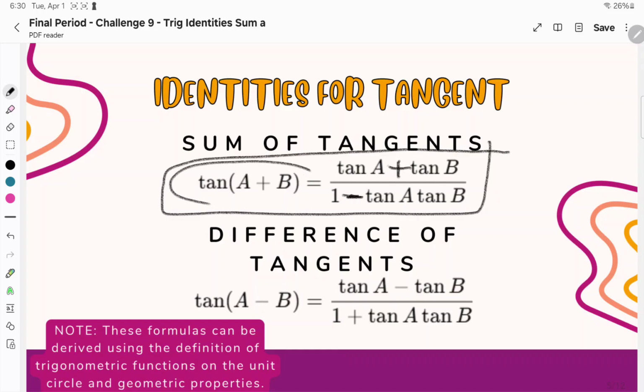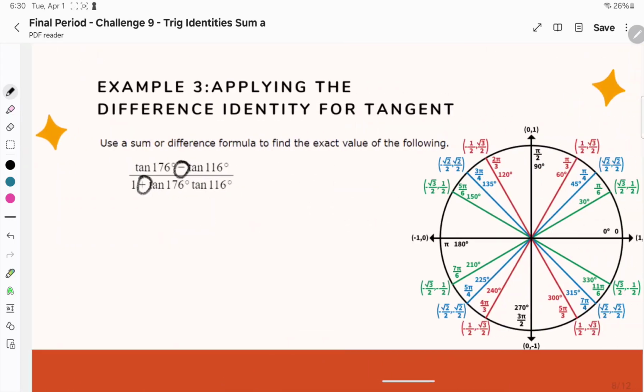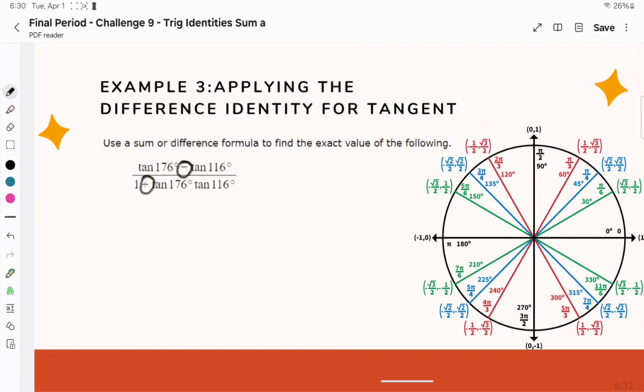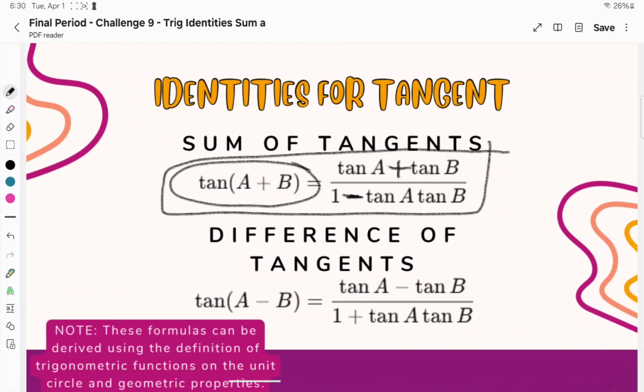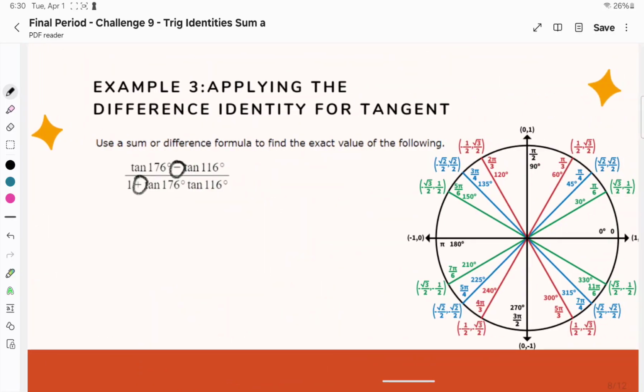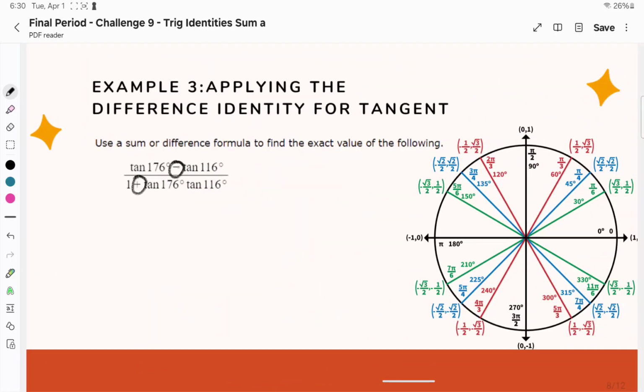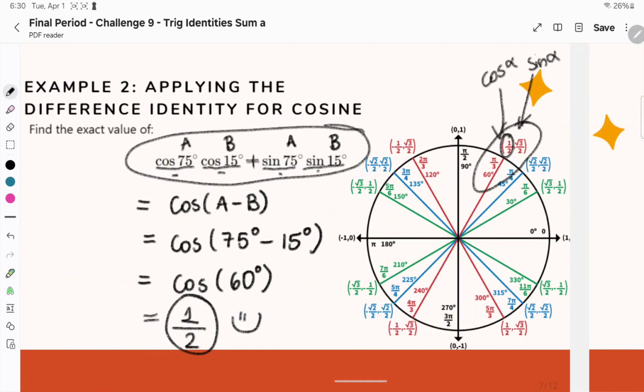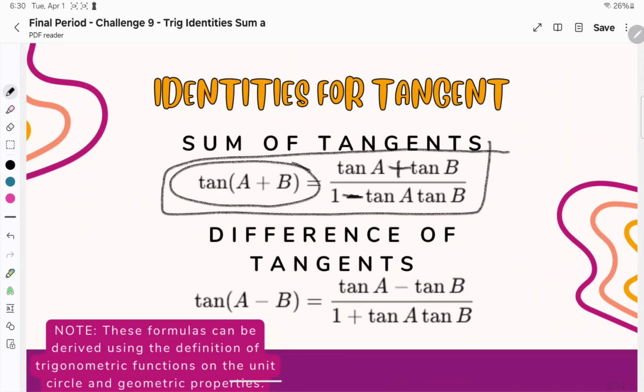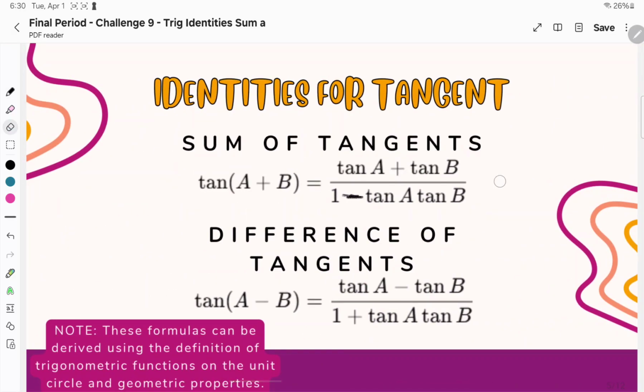So I'm going to use the tangent of a sum, right? So I'm going to go to my example and I got it messed up, right? Yes, I'm sorry. I have a minus on top and I have a plus on the bottom. So I'm going to use not this one, but the one on the bottom, right?